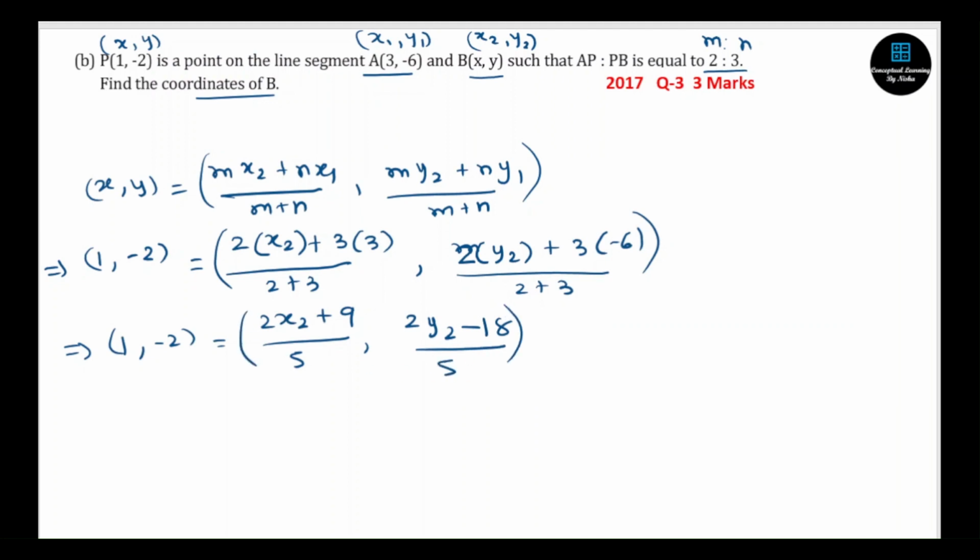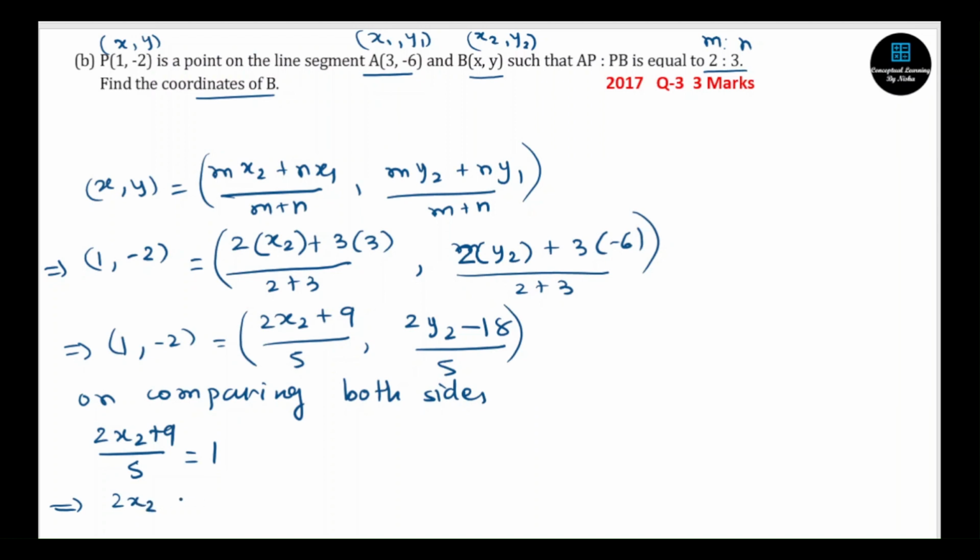And now when I compare both the sides, 2x2 plus 9 upon 5 is equal to 1. So on simplifying this, I'll get 2x2 plus 9 equals 5, and then let me write it here. 2x2 equals minus 4 and x2 is equal to minus 2.